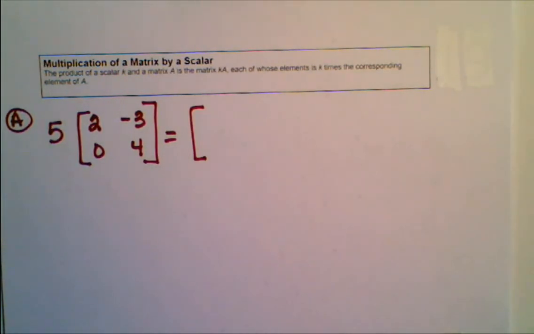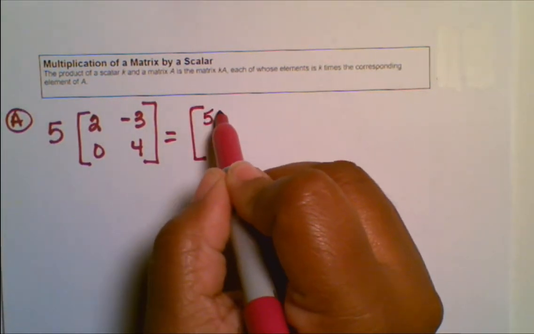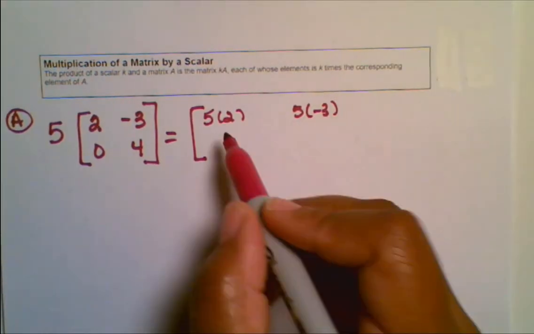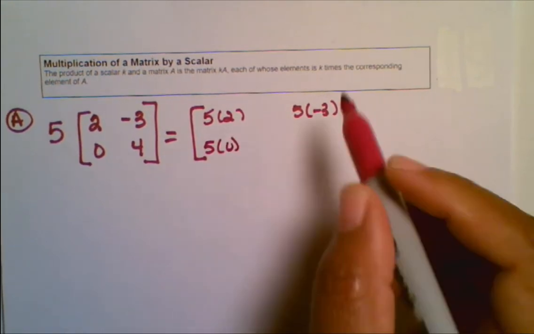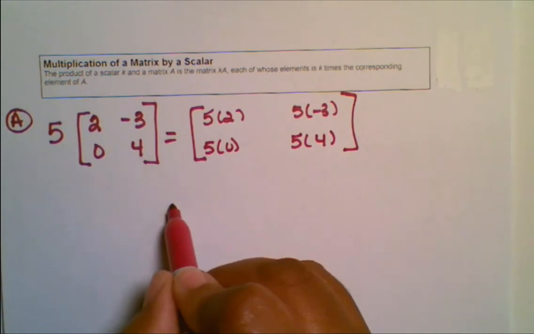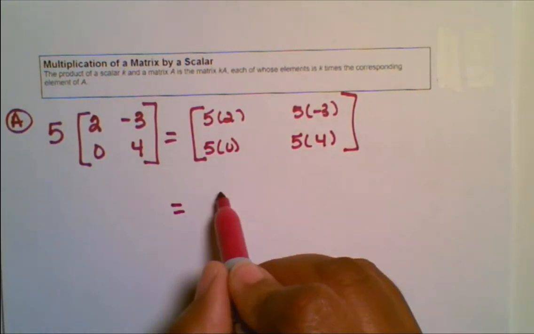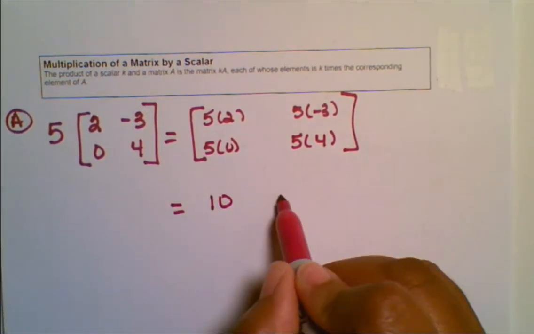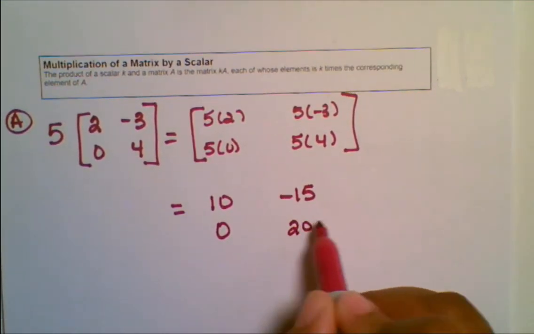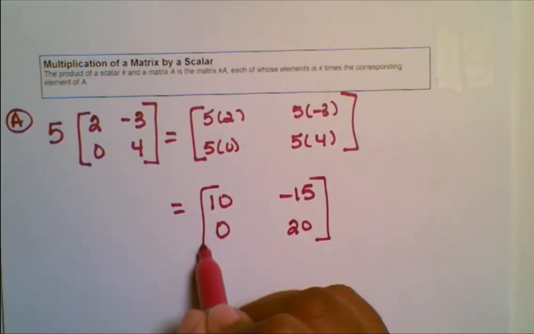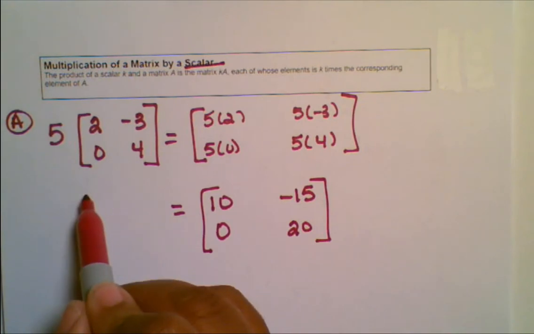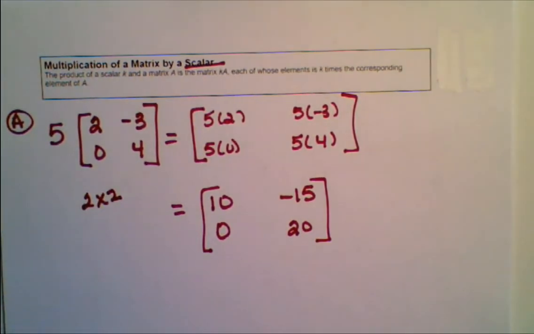So we have 5 times 2, 5 times -3, then 5 times 0, 5 times 4. Let's multiply, and that gives us 10, -15, 0, and 20. So even with multiplying by a scalar, our 2 by 2 dimensions stay the same.